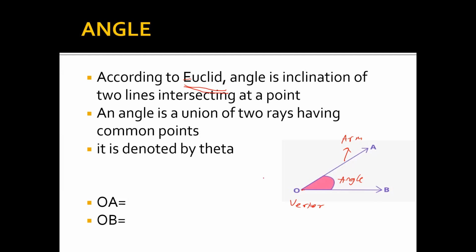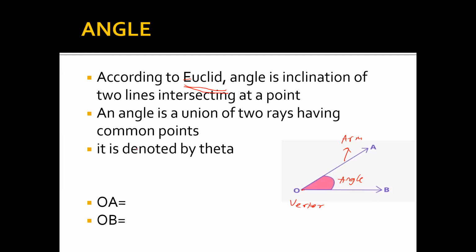So we have understood the components of an angle. Here we have the vertex, arms, and angle. In an angle, we have two arms, isn't it? The arms OA and OB. We have a different name for each arm.